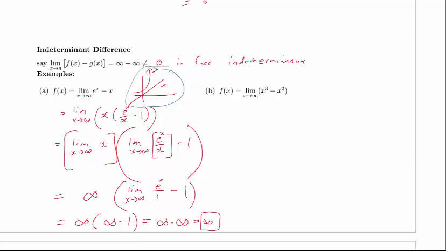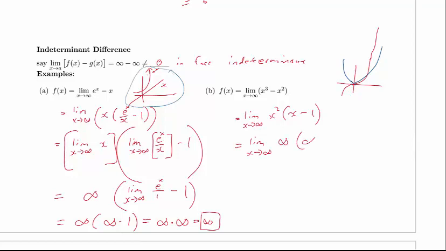Next one, we're going to try a very similar strategy. And so then we say the limit as x goes to infinity, apply the limit, we get infinity times infinity minus 1.